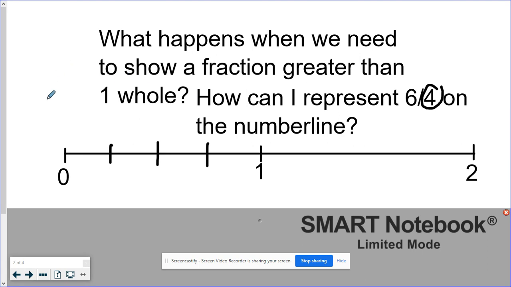Okay, and I can go ahead and label those. So this first tick mark, which will represent your numerator, is 1/4. This one would be 2/4. 3/4.